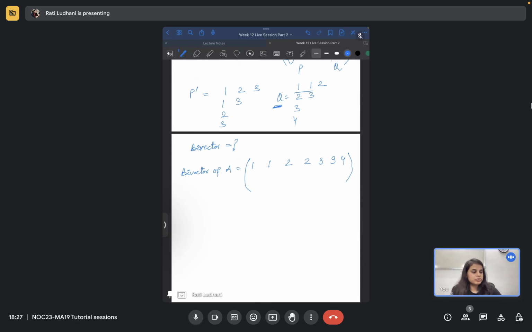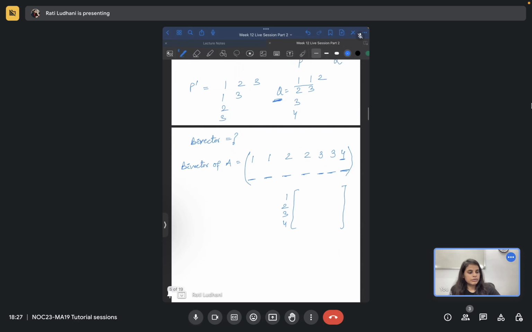Now we need to find the column number corresponding to this. That we need to find out using P dash and Q. So as we see this, the matrix is, so this is 4, the fourth row, so there must be 4 rows.